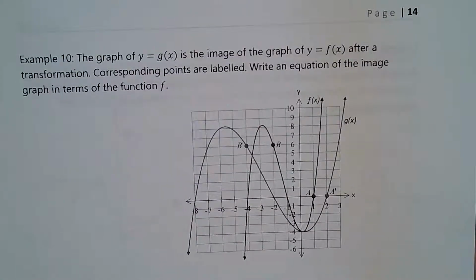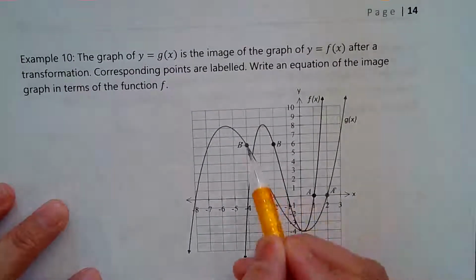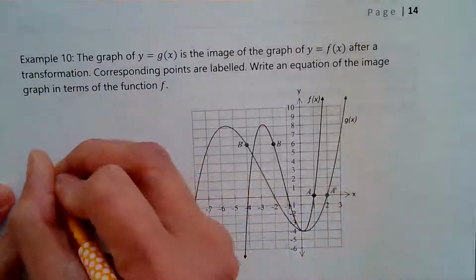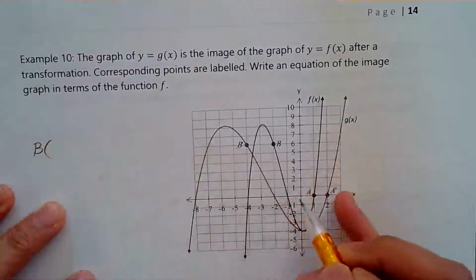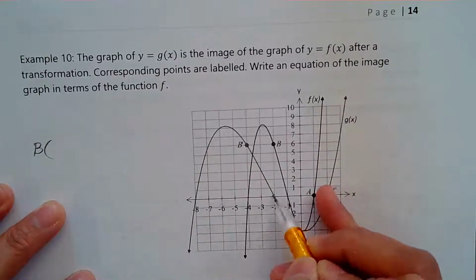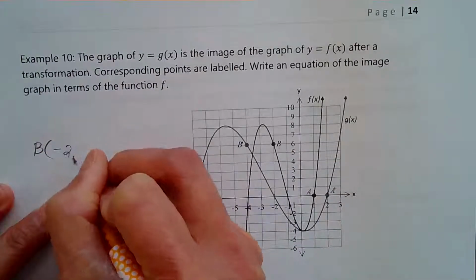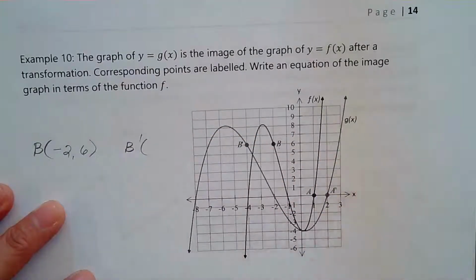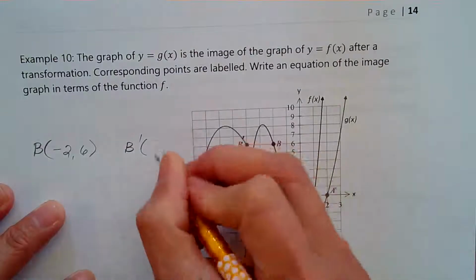Okay, now what can we do? Coordinates. Let's figure out the coordinates. So B, this is your original B. B is negative 2, 6. Now it's been transformed to B prime. Where is that one now?